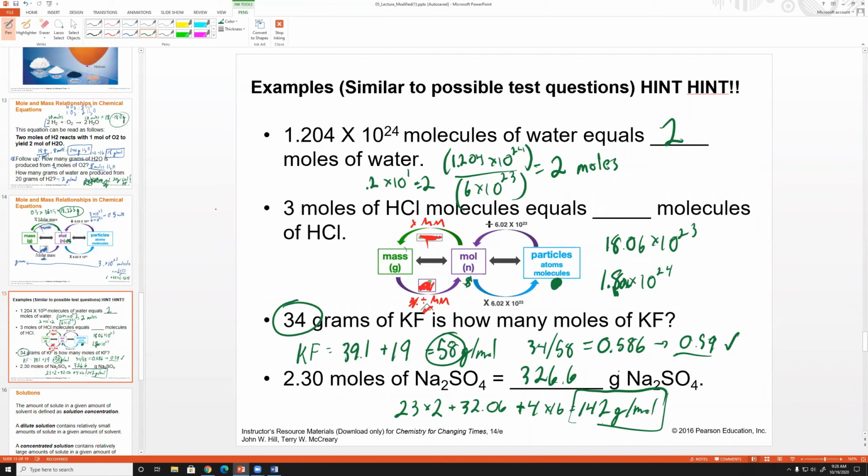Can you repeat how you did the last one, please? Okay. Do you understand how I got the molar mass? I'm not sure at the moment. Okay. What we did was we took Na2SO4 and looked at the periodic table for Na, which is sodium.